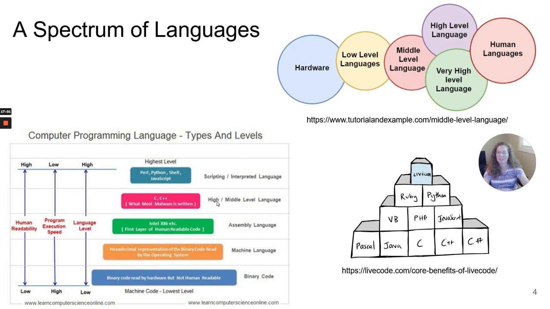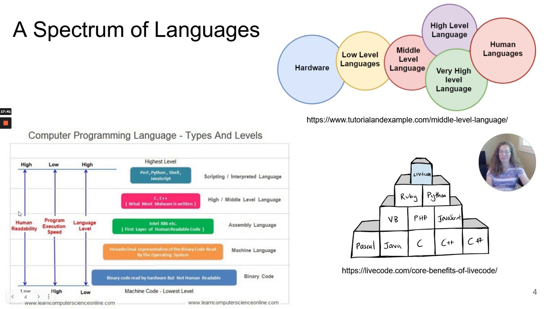C is often considered a middle-level language because you can do a lot of low-level things in C. Assembly language would be on top of machine language, and way down at binary is the lowest level. So this is the highest level language, the lowest level language. And over here, you'll notice human readability is very high for high-level languages and very low for low-level languages.